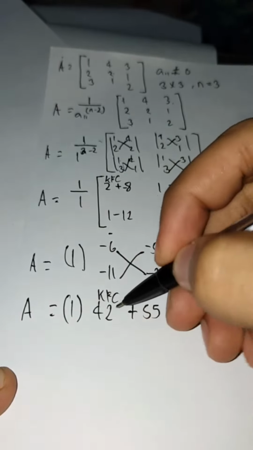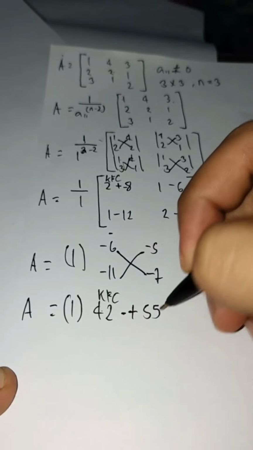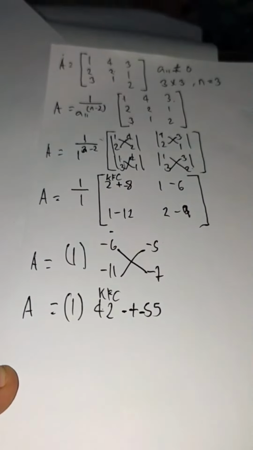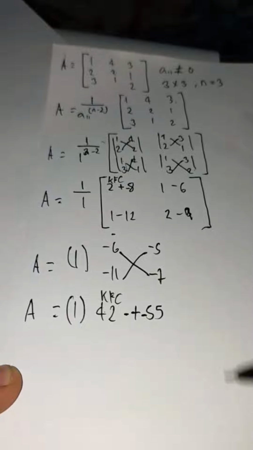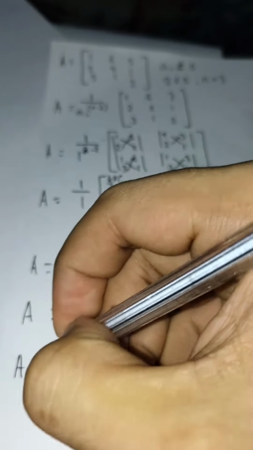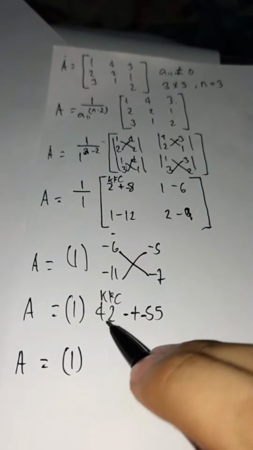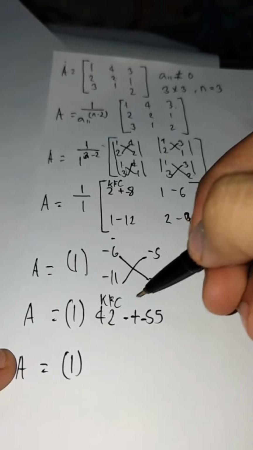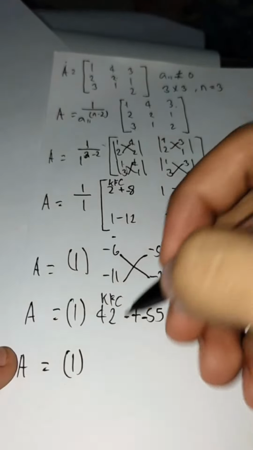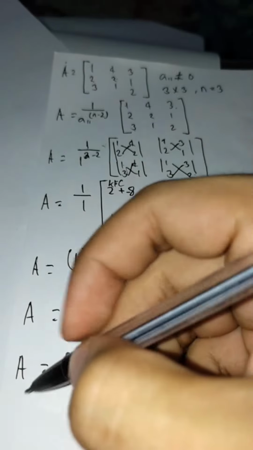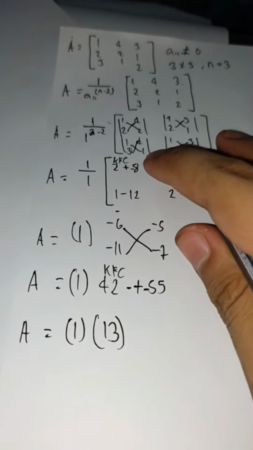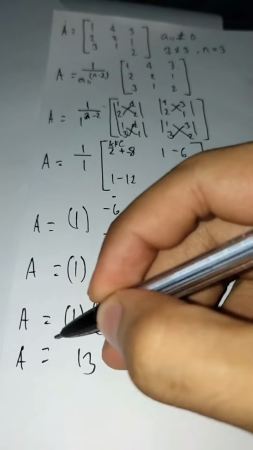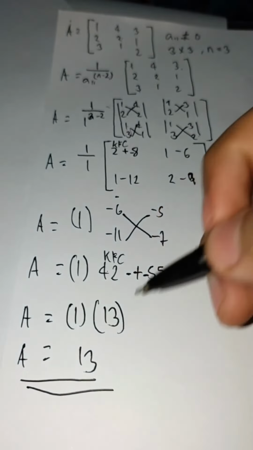KFC ulit. So keep, ito magiging negative. Ito magiging positive. So, yan, magiging negative siya. Tapos niyan, A equals to 1. And then 42 minus 55 is negative 13. So, ito siya. A is equals to negative 13. Ito yung final answer natin.